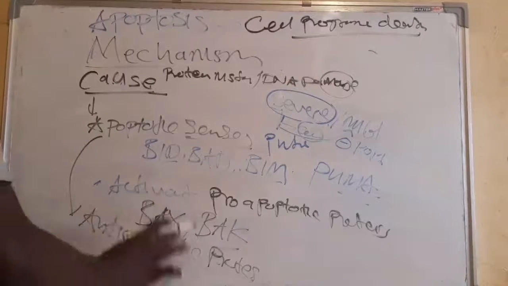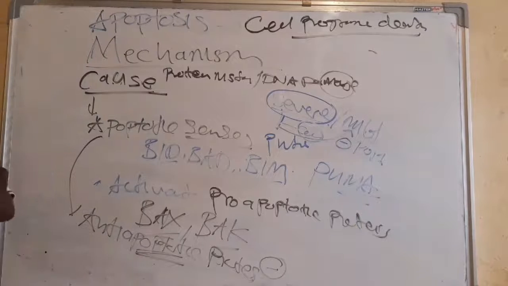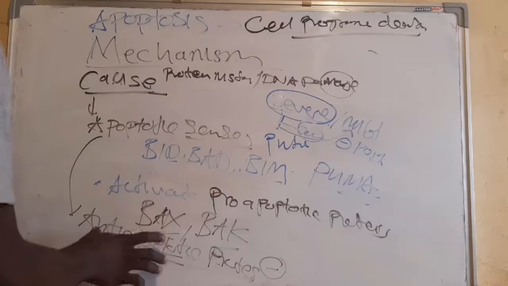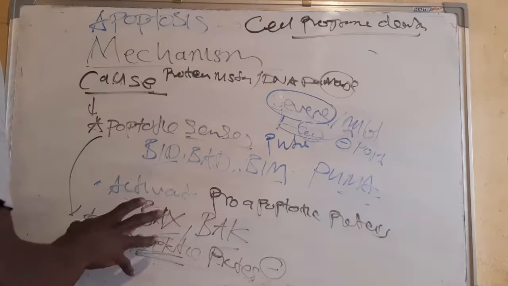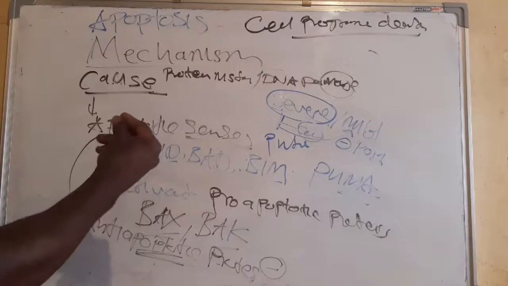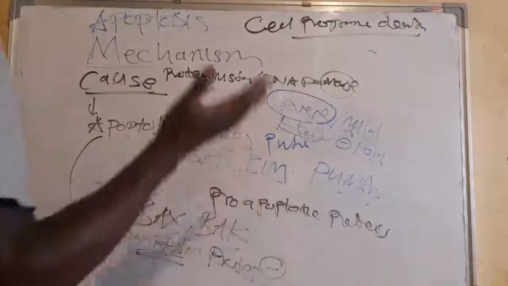These anti-apoptotic proteins inhibit the process of apoptosis, meaning the cell can go back to its normal.